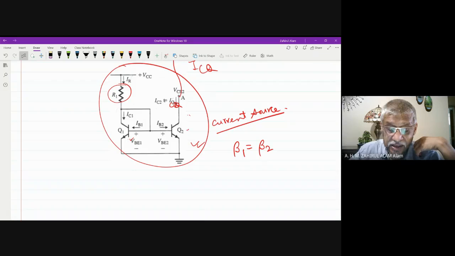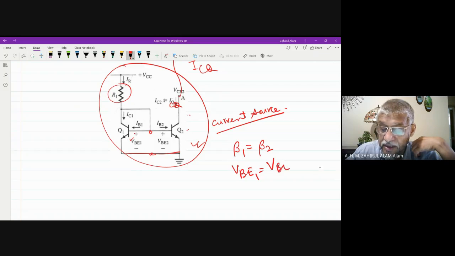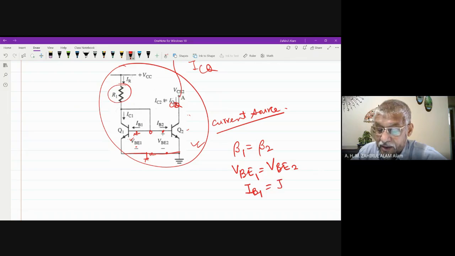And if you look at the connection, they are connected base to emitter. So this is the ground, and in this configuration, both the transistors have VBE1 equal to VBE2. So this is base to emitter, this is grounded, and this is base to emitter, also grounded. So if they are grounded, then I can mention IB1 equal to IB2. Both the transistors' base currents are equal.